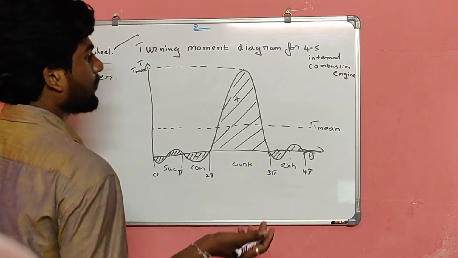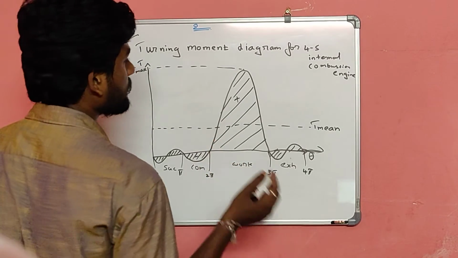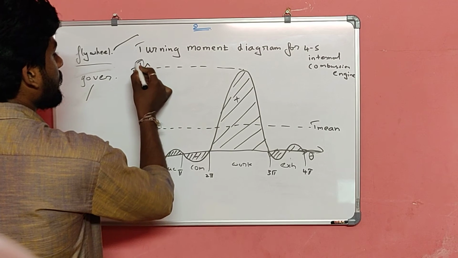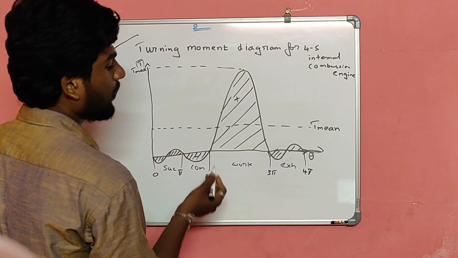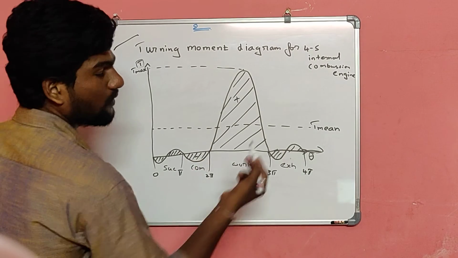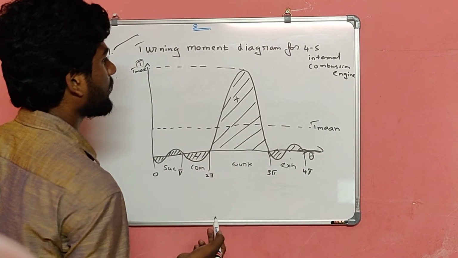If these values are known, we can easily find out how much torque there is at individual angles the crank makes with IDC.